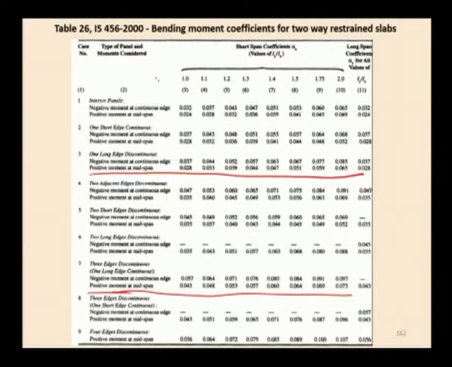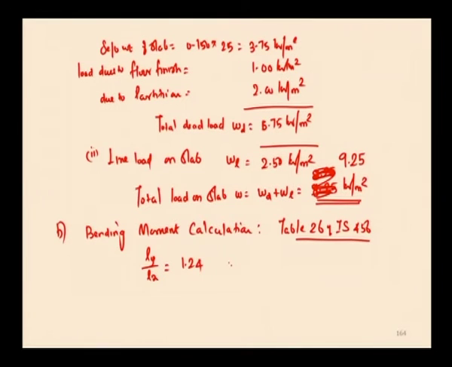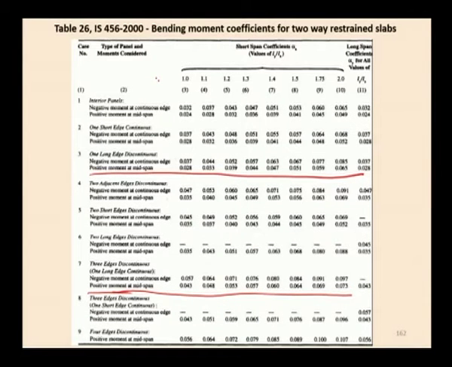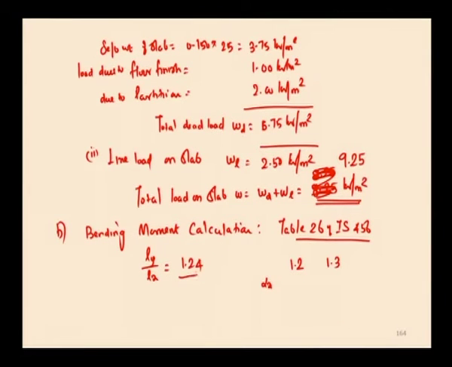First one is negative moment coefficient. Here the ratio is 1.24, so the value is in between 1.2 and 1.3.